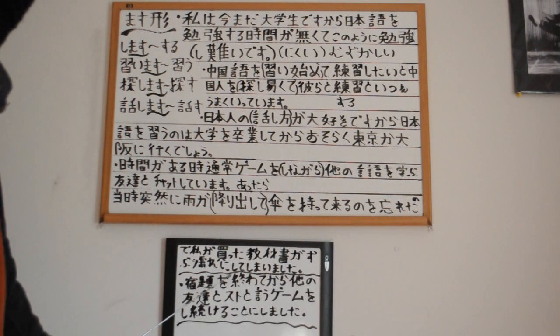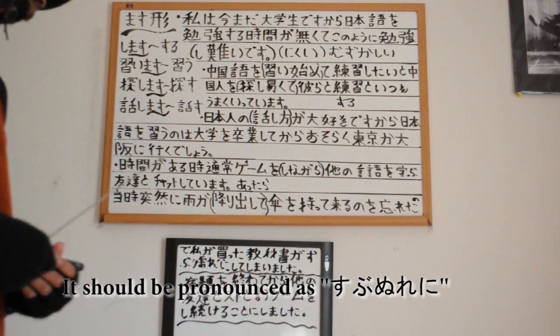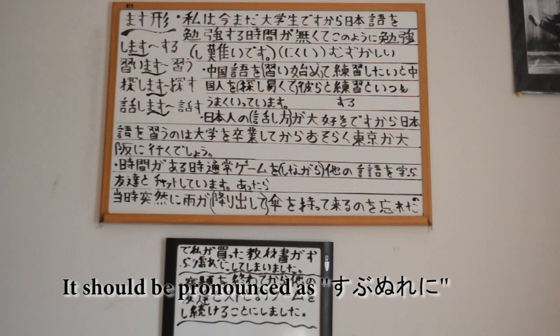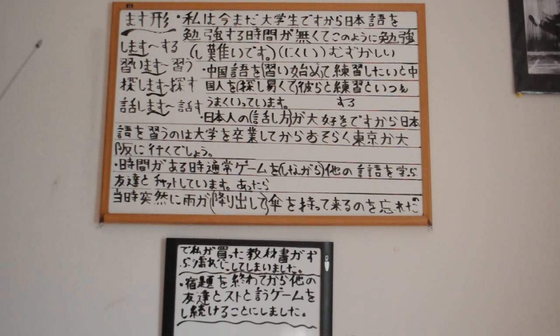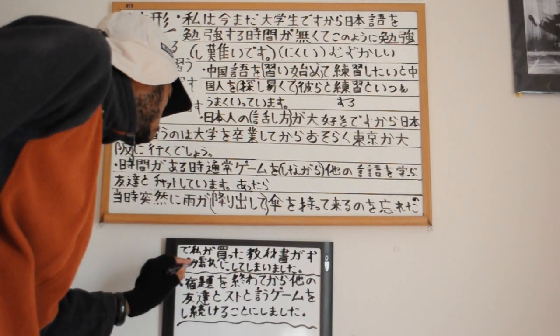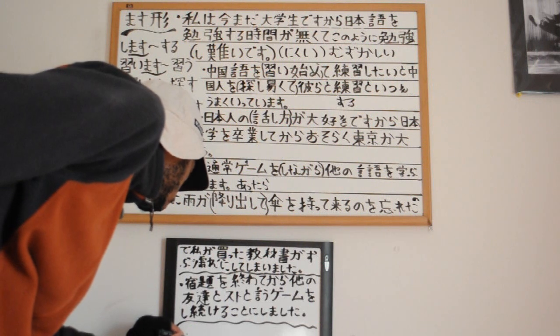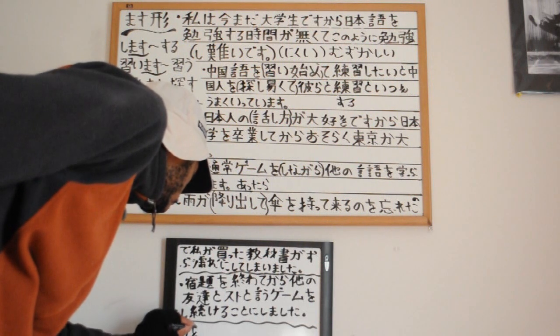Okay, what I'm missing here is the naru, which means to become. Let's see, is that right? Yeah. So it should be zubu nure ni. After this ni here, we need this word here.